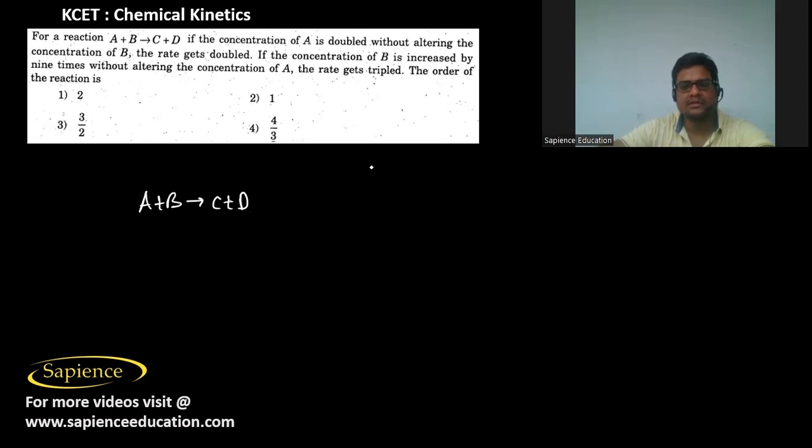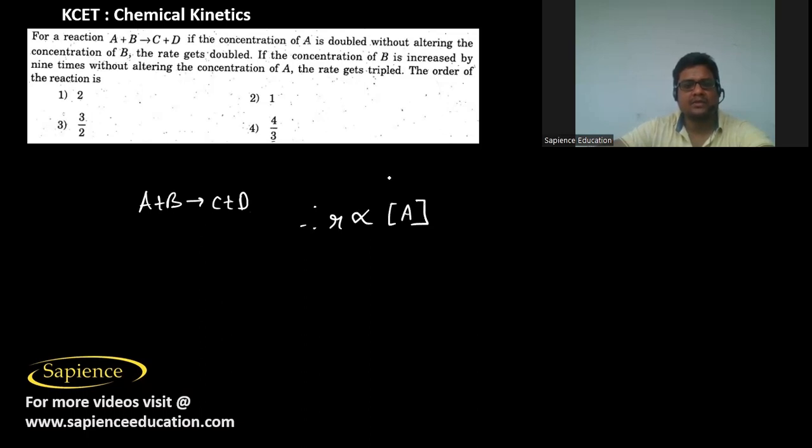The order of the reaction is... If the concentration of A is doubled without altering the concentration of B, the rate gets doubled. So therefore the rate is proportional to the concentration of A.